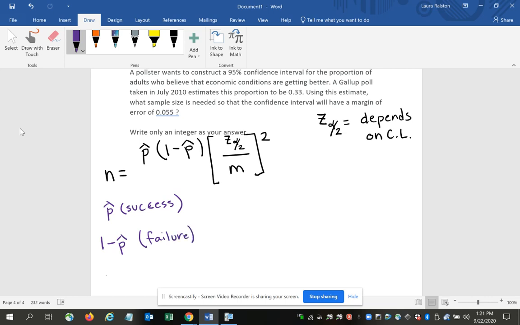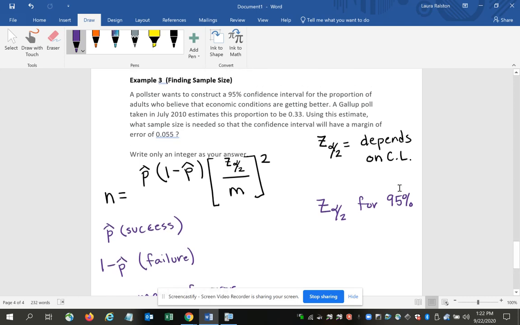I need to determine the margin of error. And I need to find the critical value for Z for a 95% confidence. Okay, so all of this is given in the question except for that critical value Z.